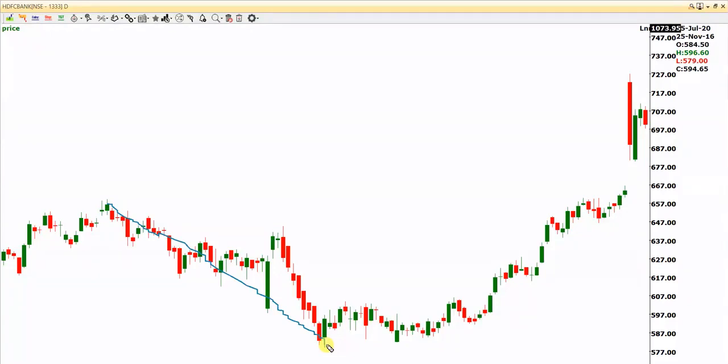So usually what happens in this phase? When the valuations are very attractive, generally what will be the market sentiment, bearish or bullish? So the stock is bearish, right?